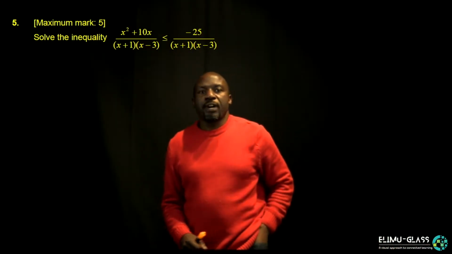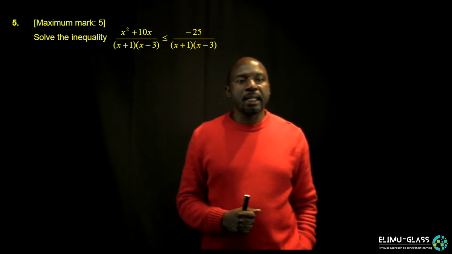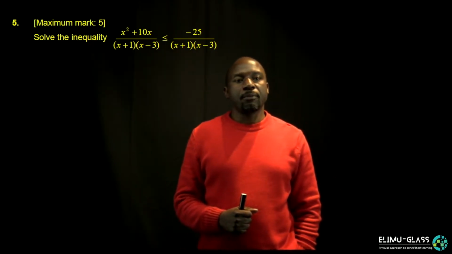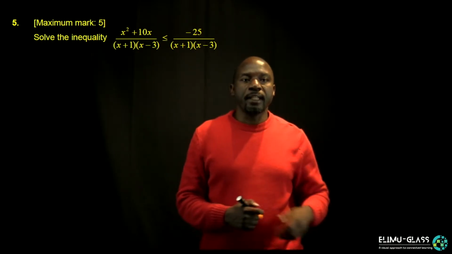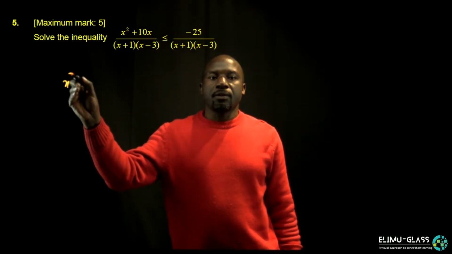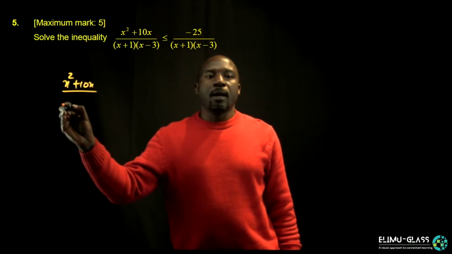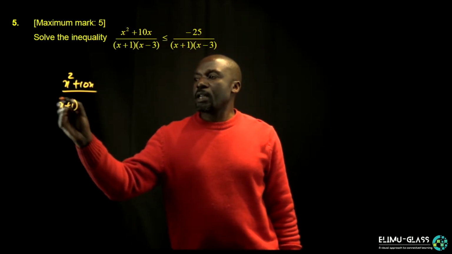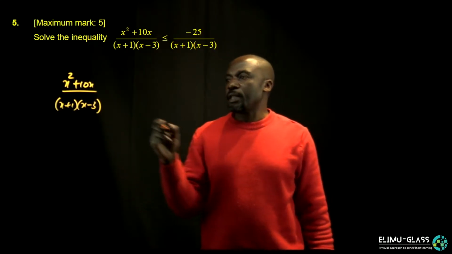Now to answer question 5, the first thing you need to do is actually to combine the two terms on either side of the equation together instead of cross multiplication, really. So I could write this simply as x squared plus 10x over x plus 1 into x minus 3, and bring the other one to this side.